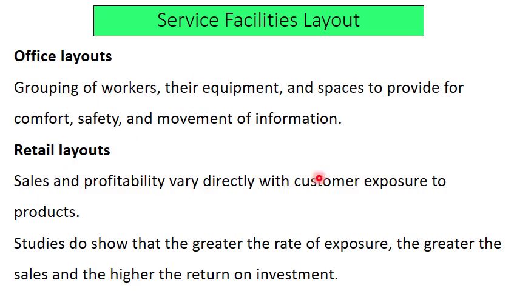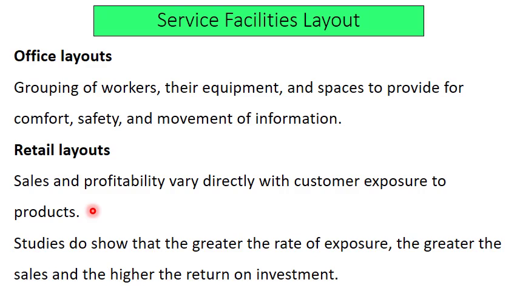And in the case of retail layout, the sales and profitability vary directly with the customer exposure to the product. When the customers are exposed to the product, they become interested and they become motivated to buy that product. So the retail layout should be in a way to expose the products to the customers. For example, if we consider supermarkets, they arrange similar products on one shelf.